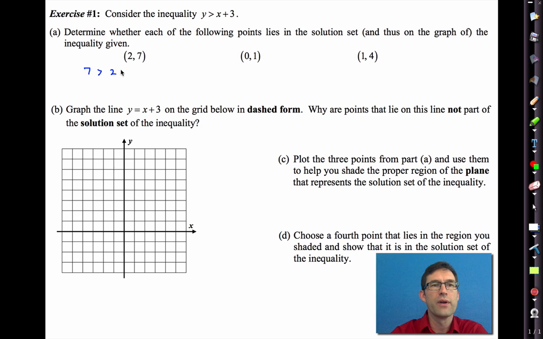I'm going to put the 2 in for x, right? I'm going to get 7 is greater than 5, and that's true, right? And because that's a true statement, this does end up being in the graph, okay? What I'd like you to do is determine whether the other 2 points lie in the graph of this inequality.